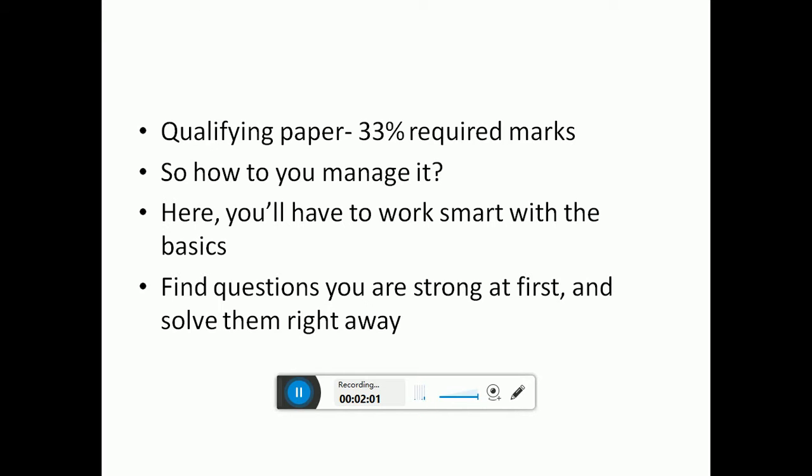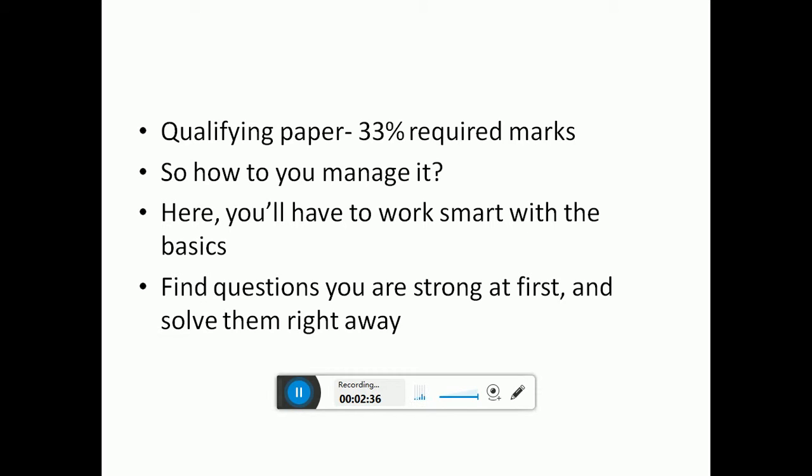So, what is my personal definition of smart work when it comes only and only to CSAT? Not in any other paper, but only General Studies 2, CSAT, which is the Civil Services Aptitude Test. First, don't solve the questions in sequence, question number 1, 2 and 3. No, that's only going to waste your time. First, go through the entire question paper, look for the questions that you are the most comfortable with and solve them first, because they will be easy.